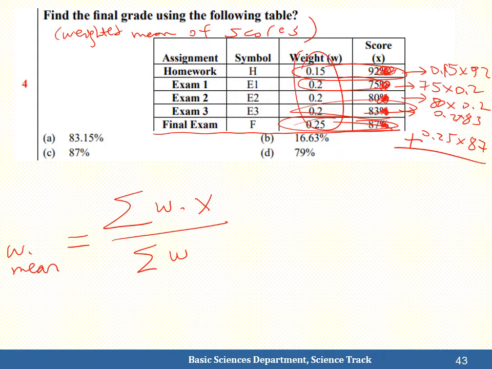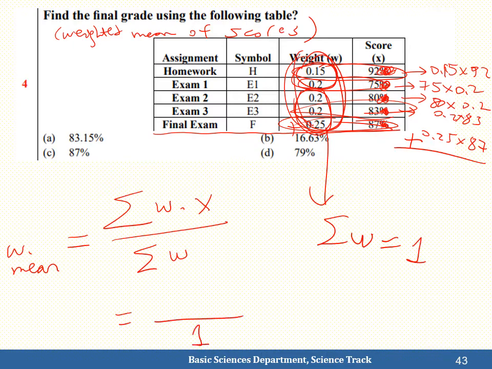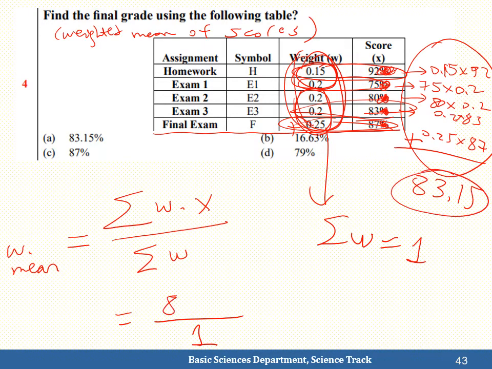The sum of the weights here will be equal to just 1. You can check: it's 35, and here 65, so it makes 1. Now this sum is equal to 83.15. So the answer will be A.